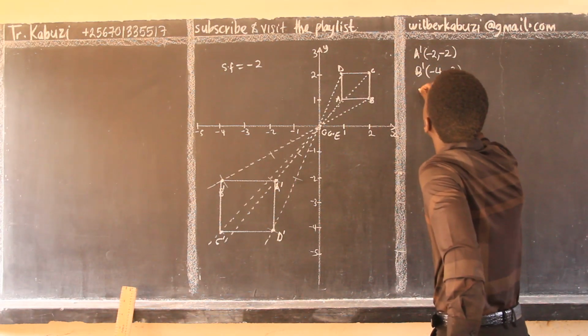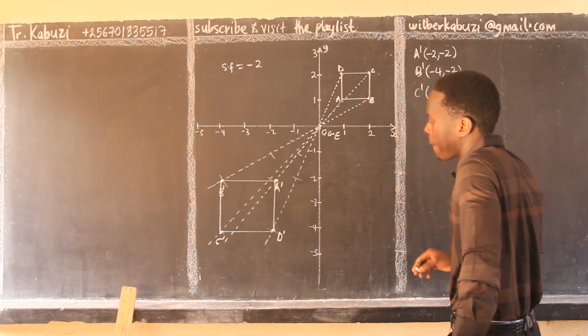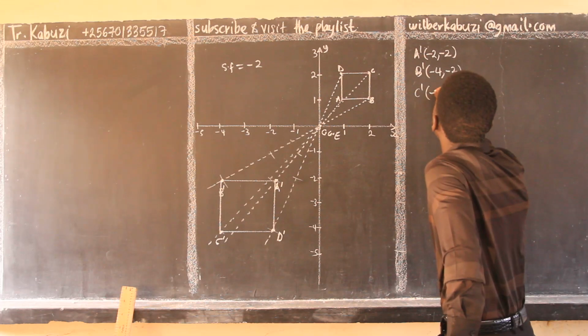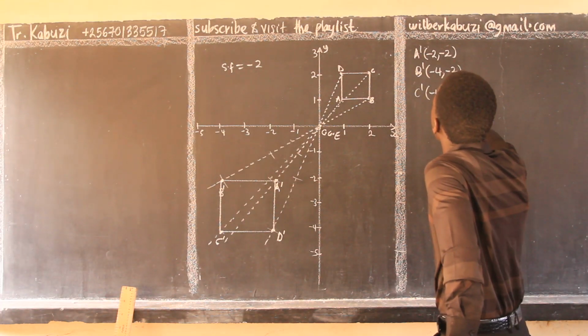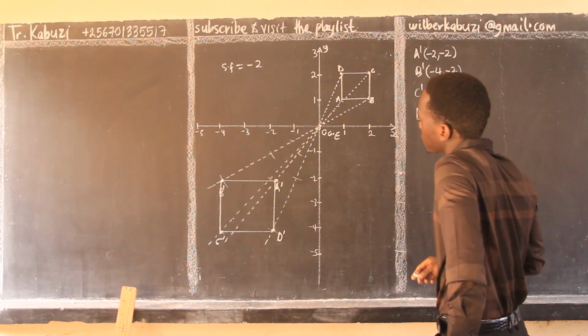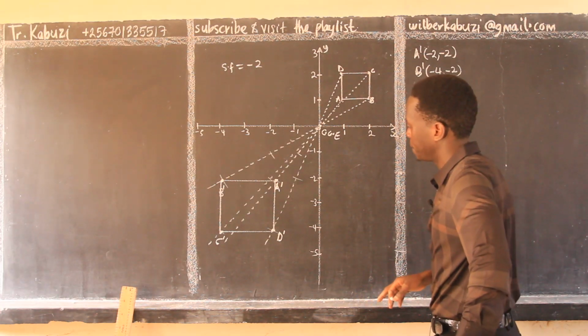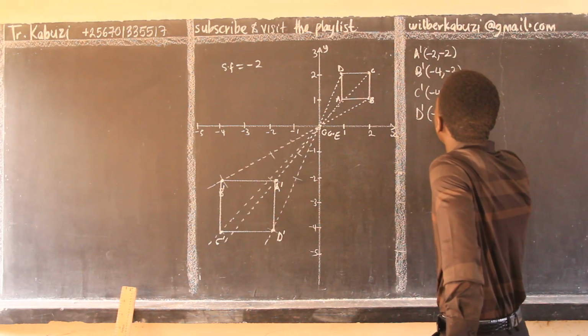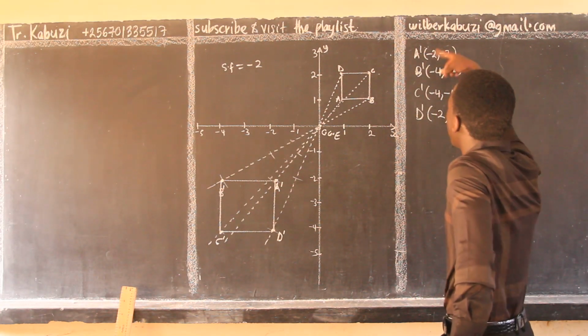Then C prime is -4, -4. Then our D prime, our D is here: -2, -4. So those are the new coordinates.